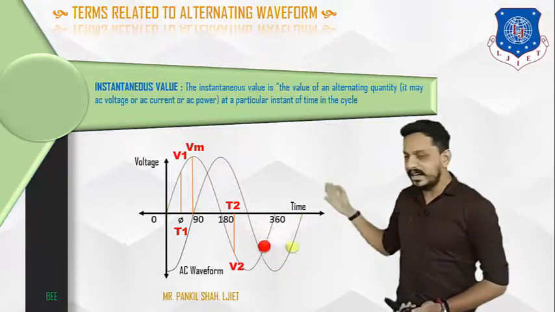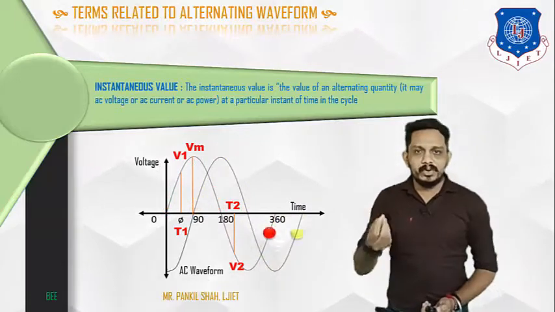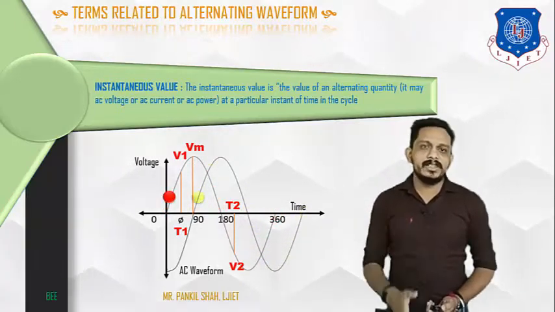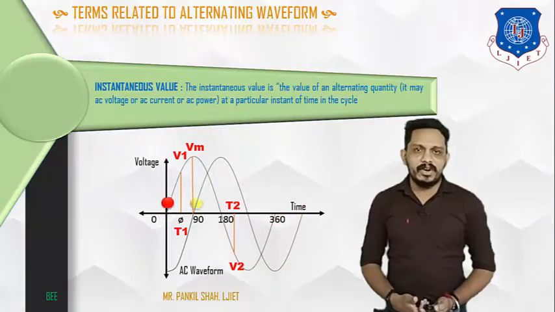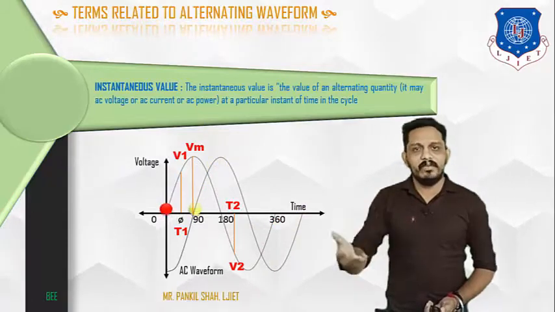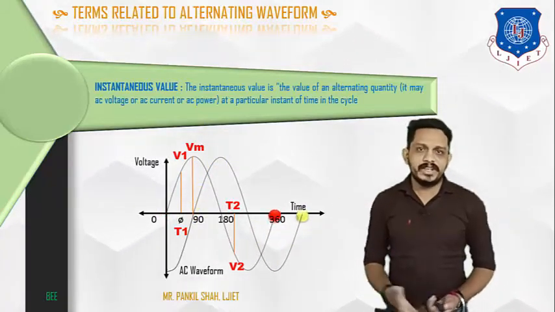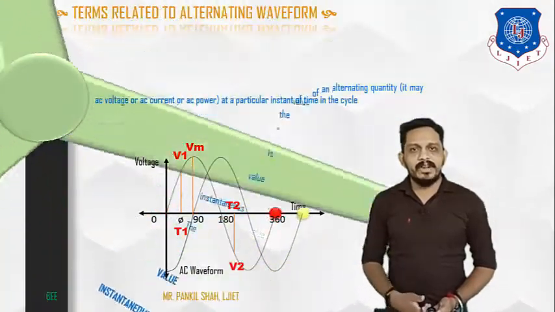Also you can see that there is a time t2, and at time t2 there is an instant value, that is V2. So basically the instantaneous value of any alternating quantity is the value of that quantity at any instant of time. It may be a voltage, current, power or anything. Let's move towards the next definition.